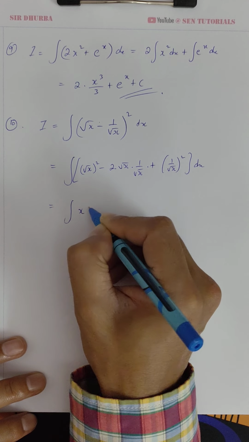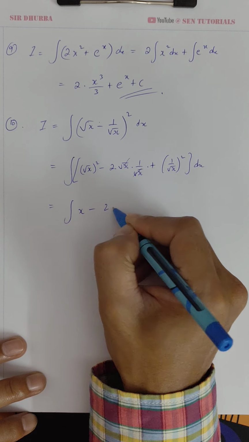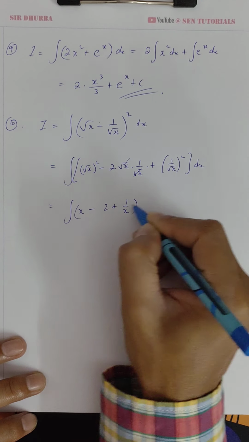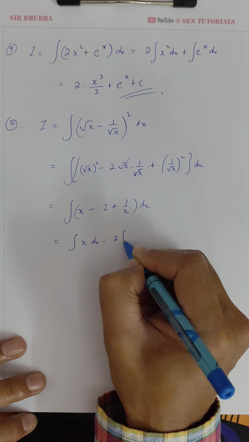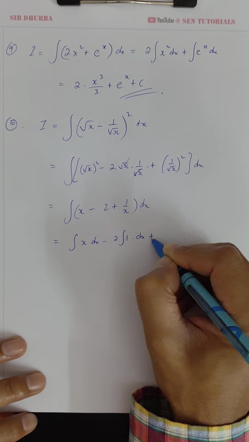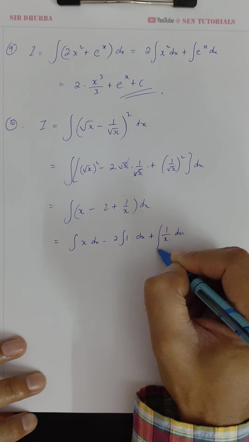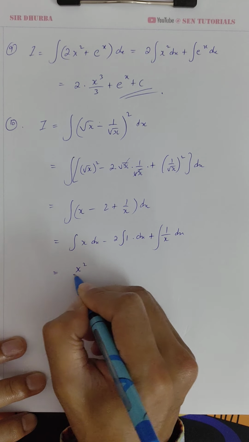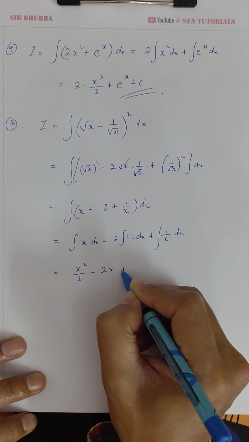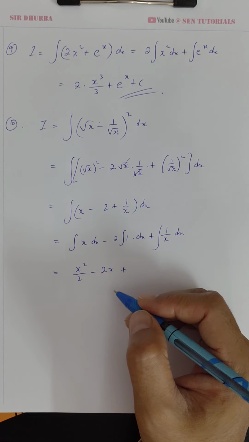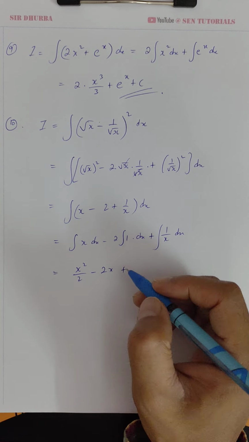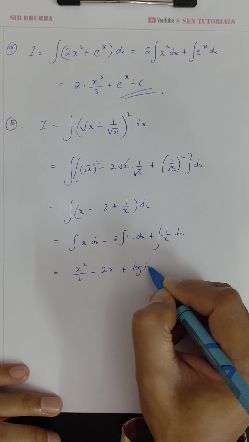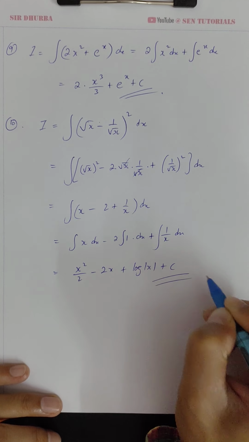So it will be the integral of x minus 2 plus 1 by x with respect to x. Let me just do the steps. So integration of x is x squared by 2, minus 2x, plus the integration of 1 by x. What was it? Integration of 1 by x. It is log of the absolute value of x plus c.